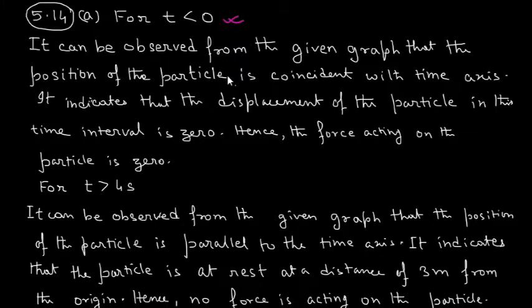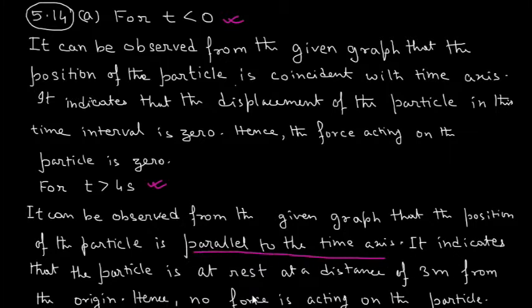It can be observed from the given graph that the position of the particle is coincident with the time axis. It indicates that the displacement of the particle in this time interval is 0. Hence, the force acting on the particle is 0. For t greater than 4 seconds, it can be observed from the given graph that the position of the particle is parallel to the time axis.